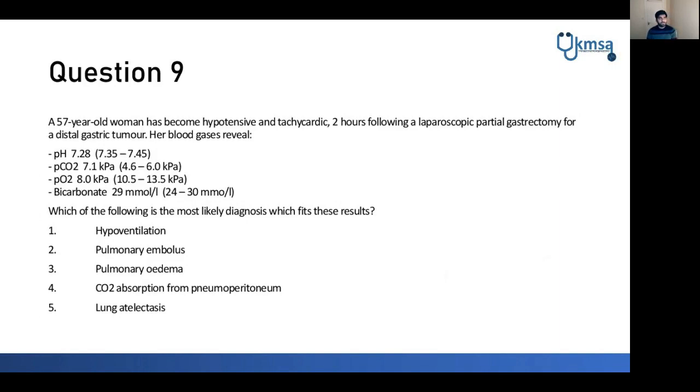This one's a bit of a tricky one, but we'll talk through it. Just try and answer it, whichever one you think is right, and we'll talk through it.